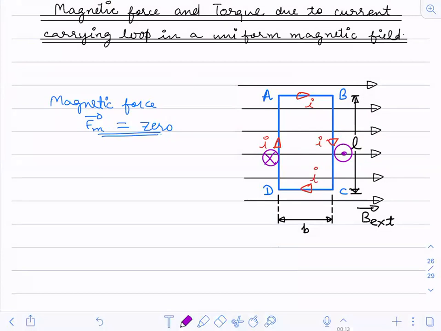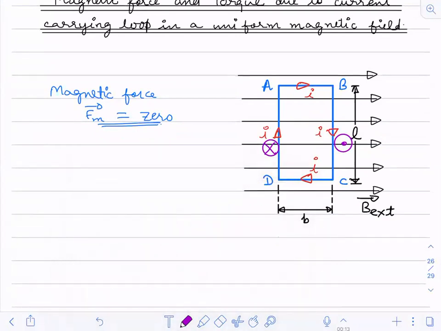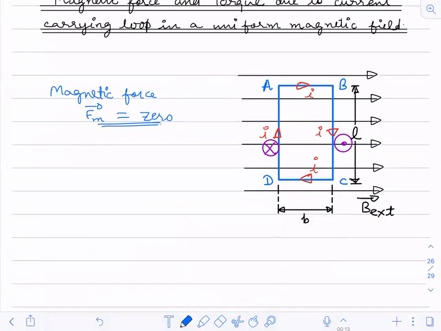Understood? So on AD it will be downward, and on BC it will be upward, and the magnitude will be BIL. If you want to visualize this, it will be somewhat like this. Just try to understand, see here.